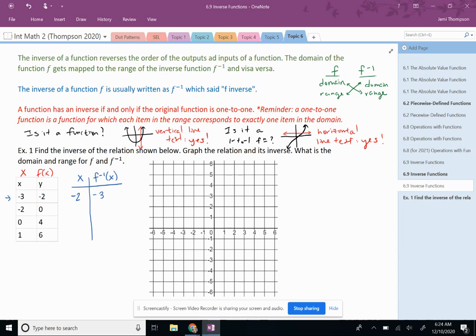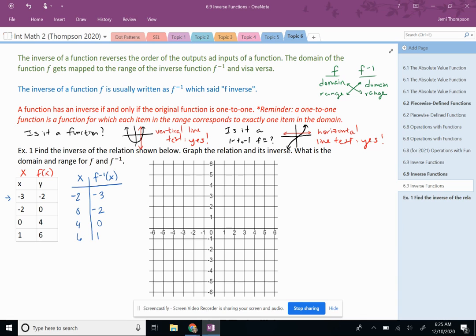My next coordinate is -2, 0. When I take the inverse, the X and the Y just switch. So 0, 4 becomes 4, 0, and 1, 6 becomes 6, 1. That's the first instruction for example 1.